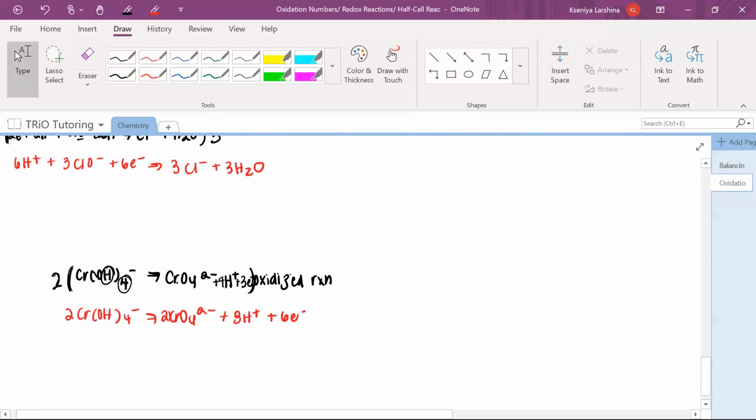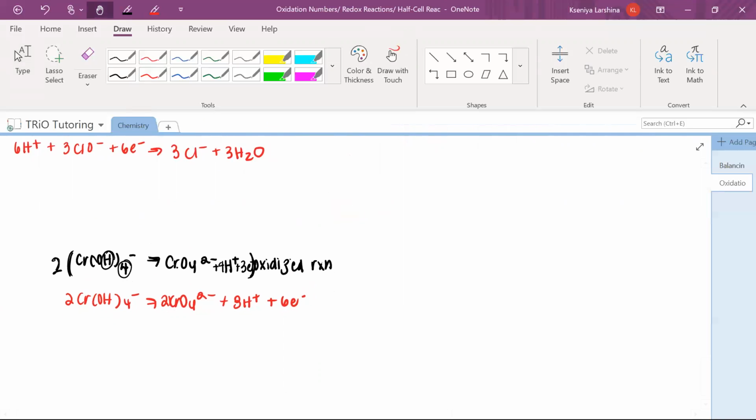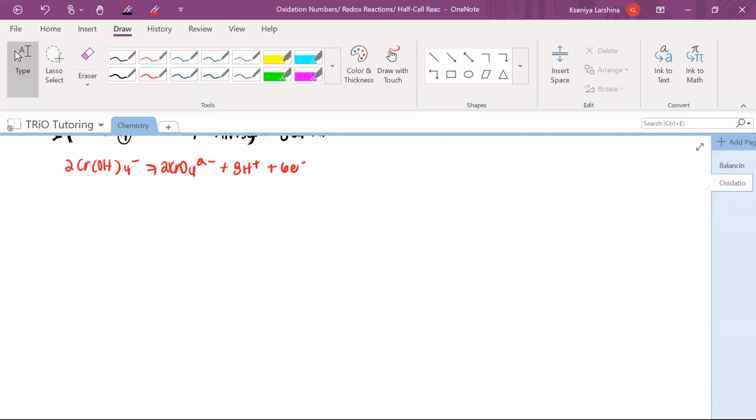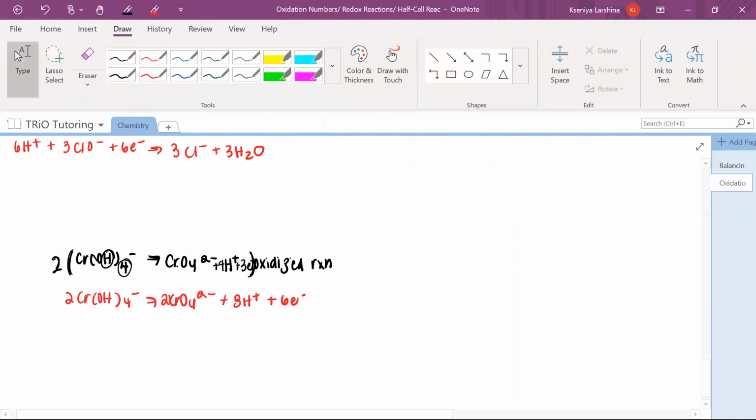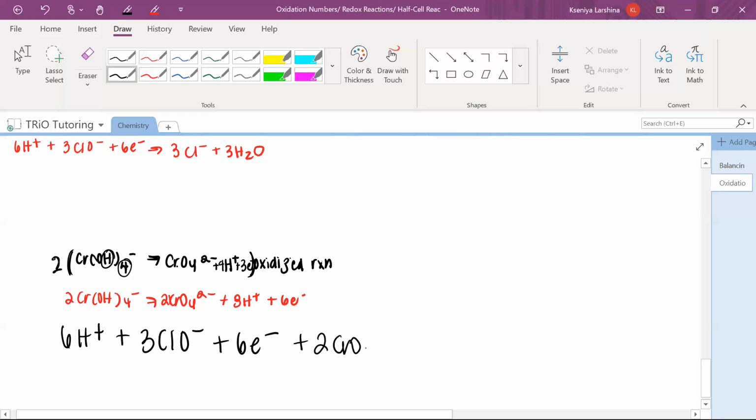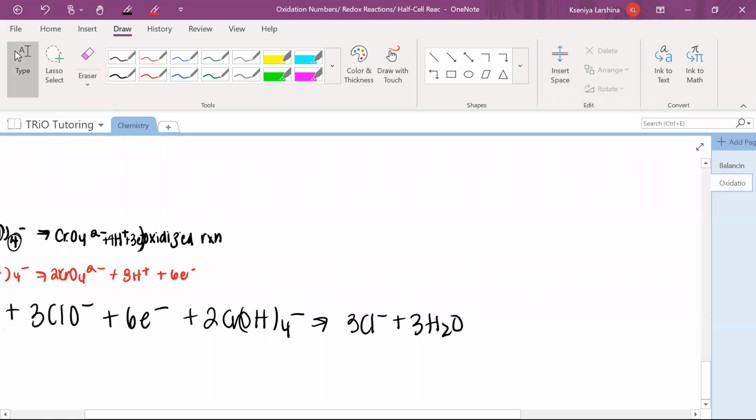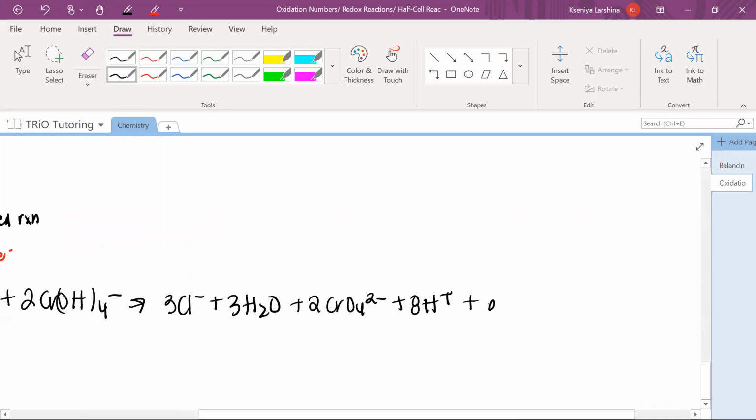So now we add these reactions together. And we have 6H plus, 3ClO negative, 6 electrons plus 2CrOH4 negative going into 3Cl negative plus 3H2O plus 2CrO4 2 negative, 8H plus and 6 electrons.